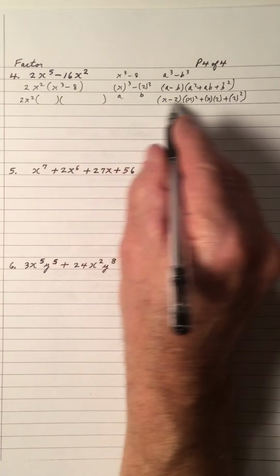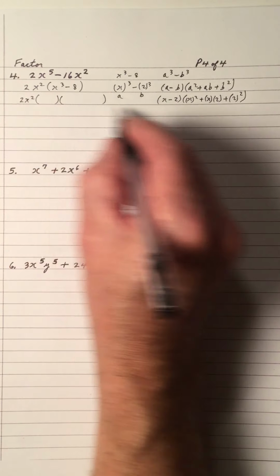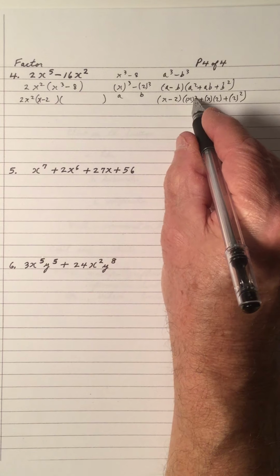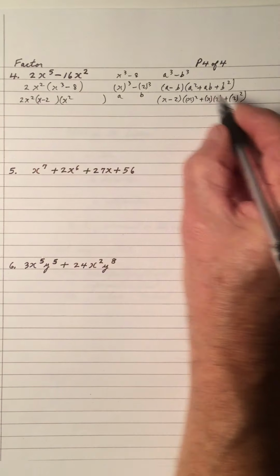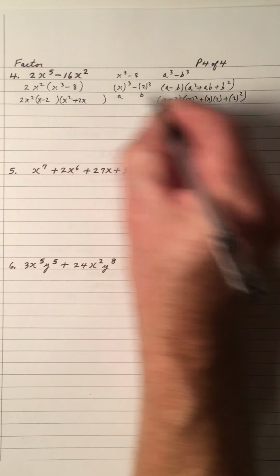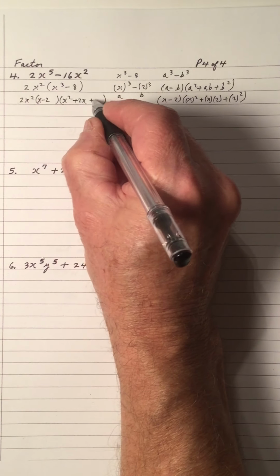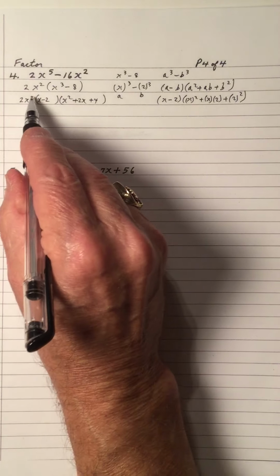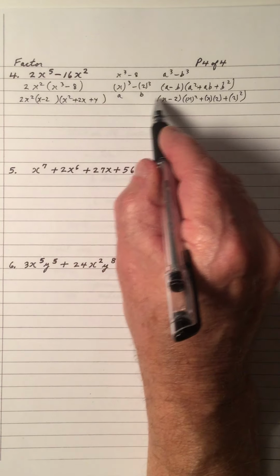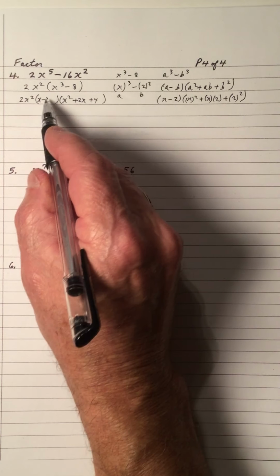And if you want to just take what I have here and put it right here. So I have an x minus 2, x squared, I have x times 2, 2x, and 2 squared is a 4. So what I did, I took this and I worked it out over here, and then I put the final answer. Now notice how neat this is.